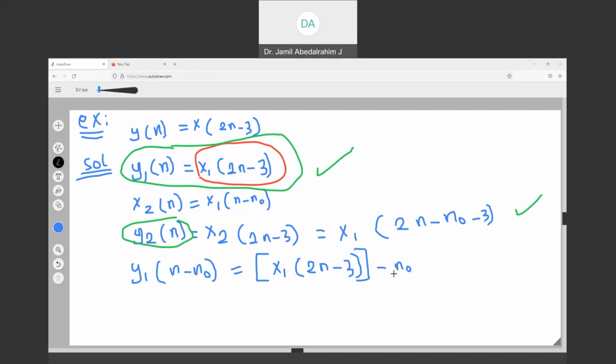Then we enter the n naught inside the equation and it becomes y1 of n minus n naught equal x1 of 2n minus 3 minus n naught.